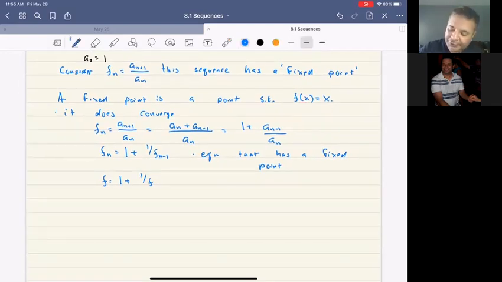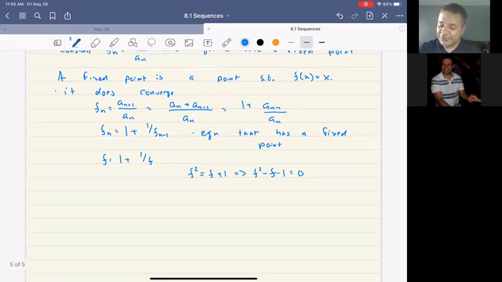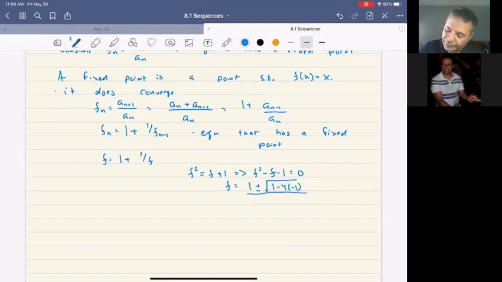All right, so f squared equals f plus 1. f squared minus f minus 1 equals 0. It's quadratic. Let's solve that using the quadratic equation. f equals 1 plus or minus the square root of 1 minus 4 times negative 1, over 2.